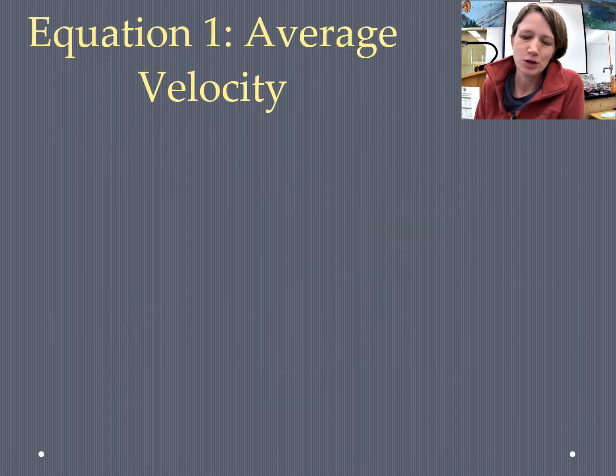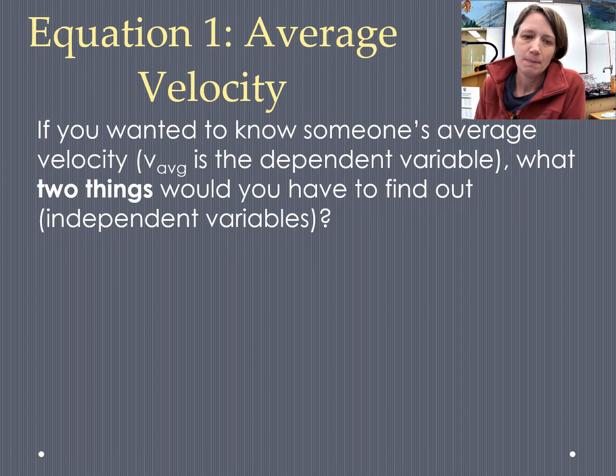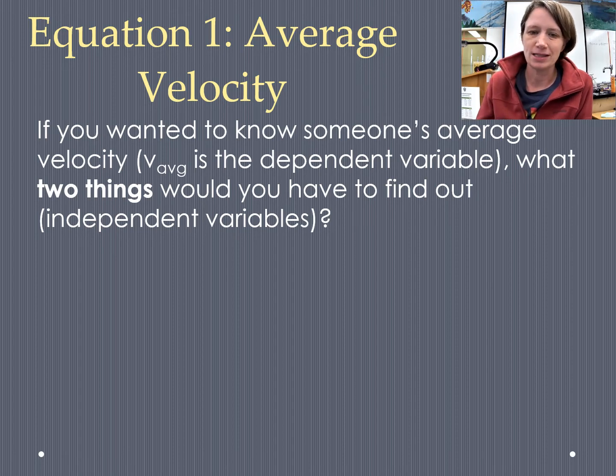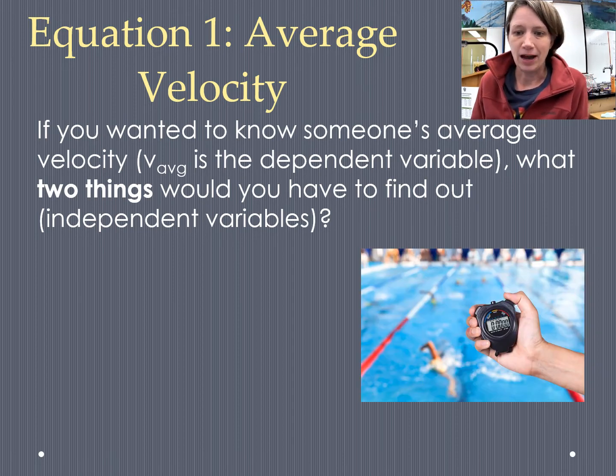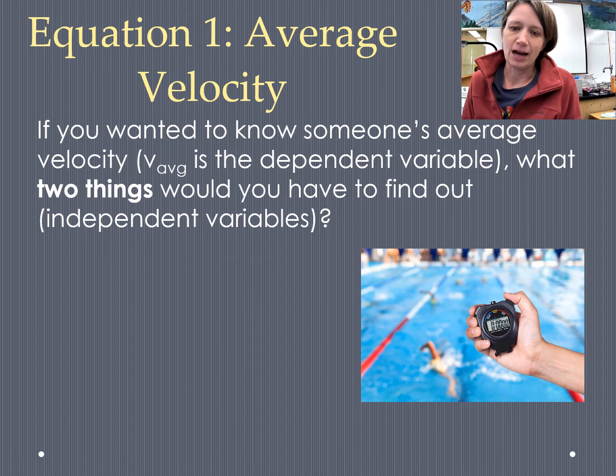All right, so the first equation we're going to derive is an equation for average velocity. If you wanted to know the average velocity of an object, what two variables would you have to find out or measure? So just think about you're at a swim race and you want to know how fast the swimmer is going. What things are we going to have to know?